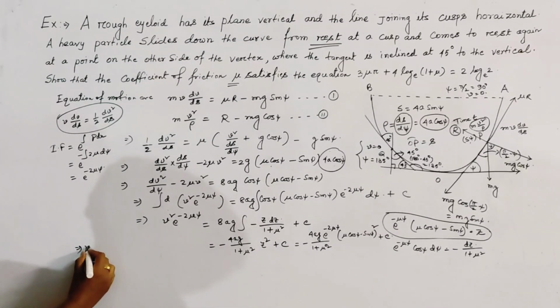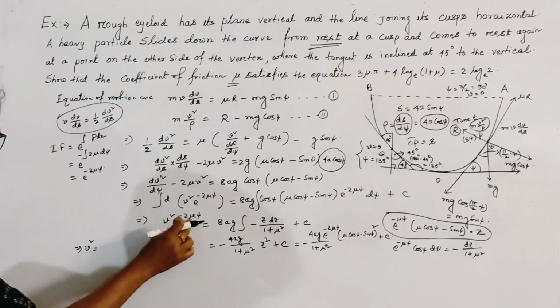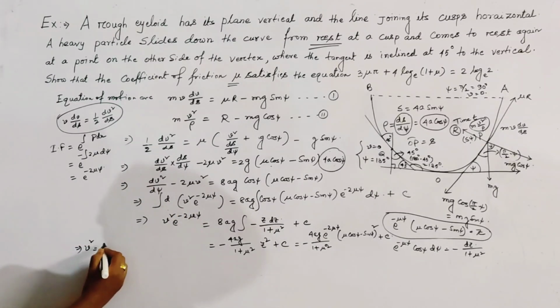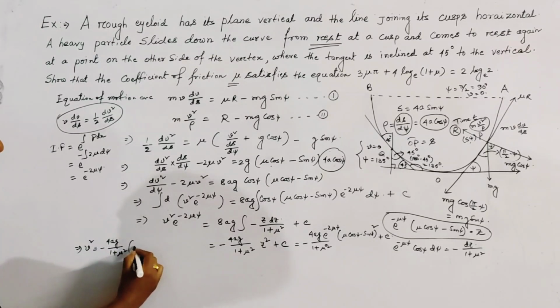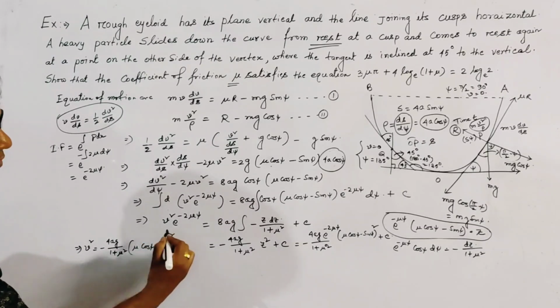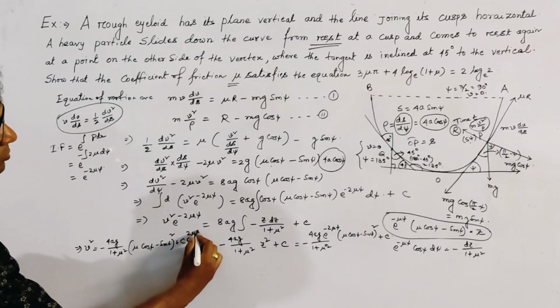We write the value of v square. This is given by, we multiply both sides by e to the power minus 2 mu psi and get the result as minus 4ag by 1 plus mu square into mu cos psi minus sin psi whole square plus c into e to the power 2 mu psi.